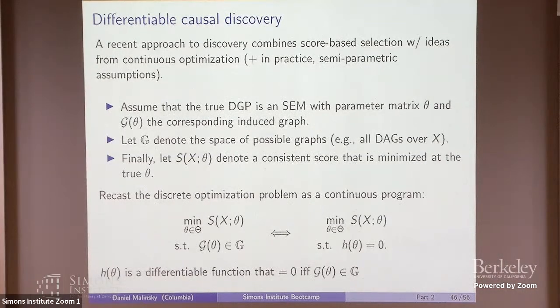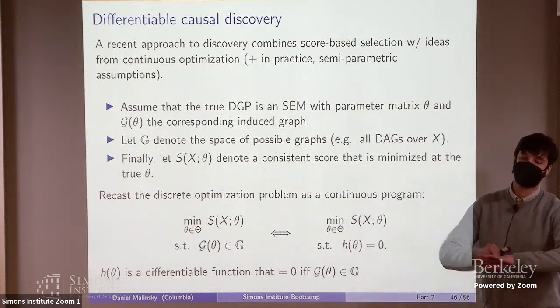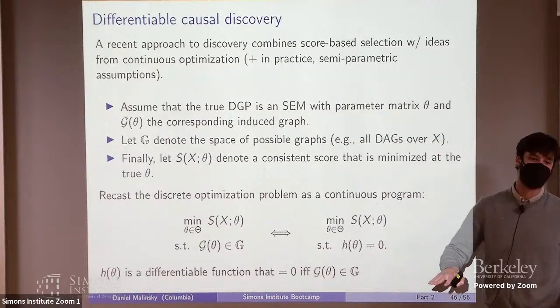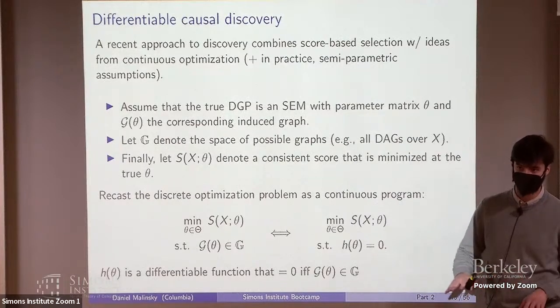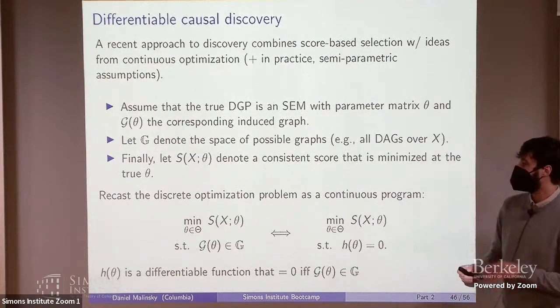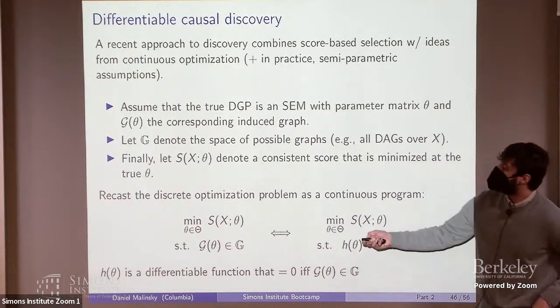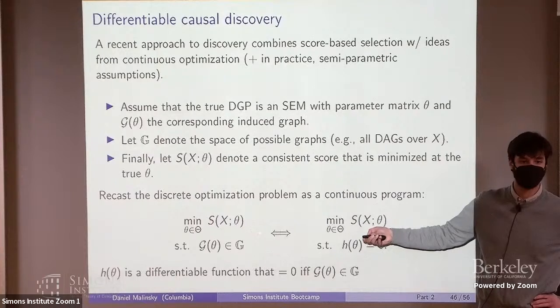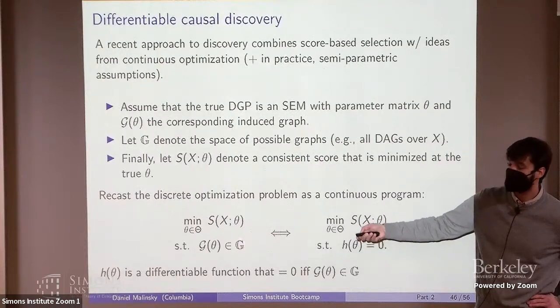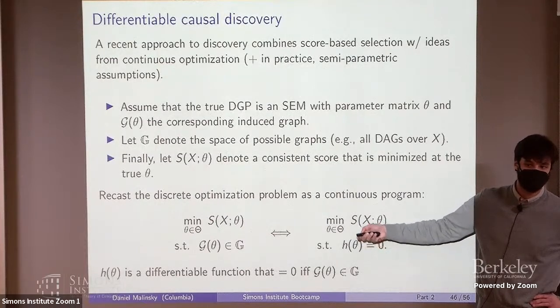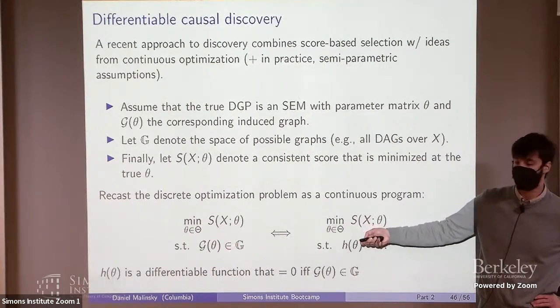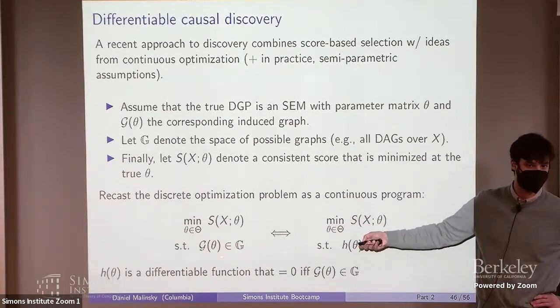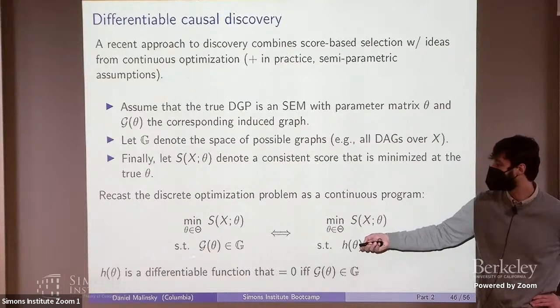Then the differentiable approach recasts the discrete search over possible graphs into a continuous search over parameter values by basically saying, I want to find a value of theta that minimizes some score such that the implied graph G for those thetas is in the class that I'm willing to consider, for example, the class of DAGs.